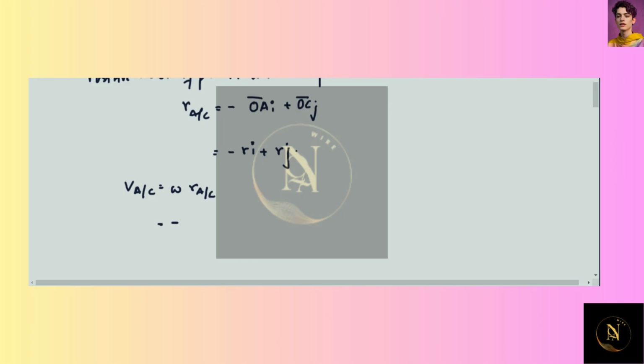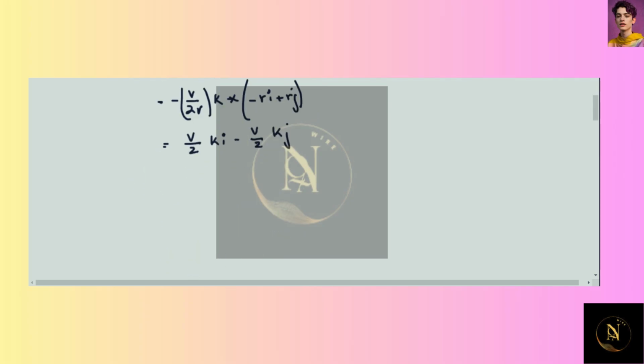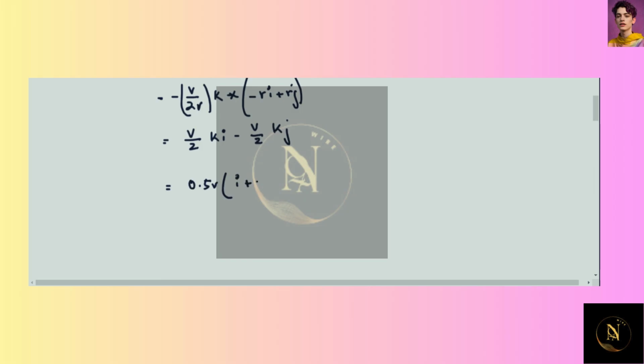So omega is minus v upon twice r k multiplied by minus R i plus R j, that is v upon 2 k i minus v upon 2 k j. So from this we get 0.5 v multiplied by i plus j.